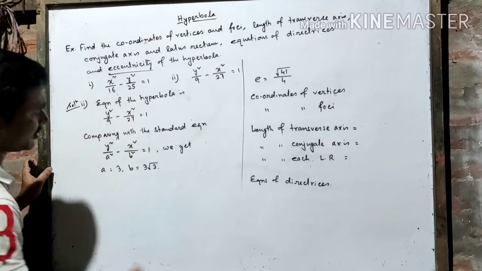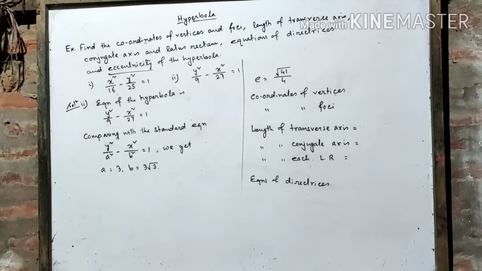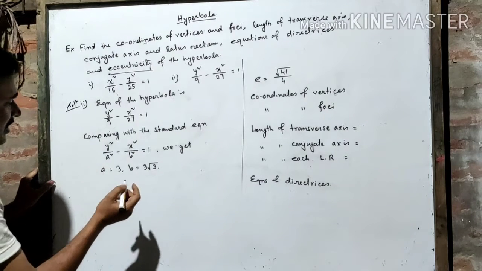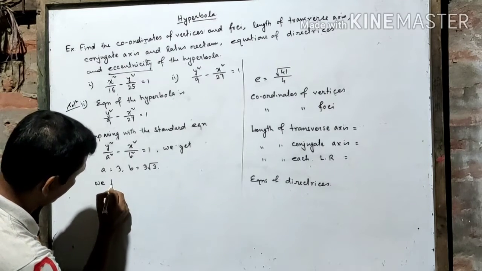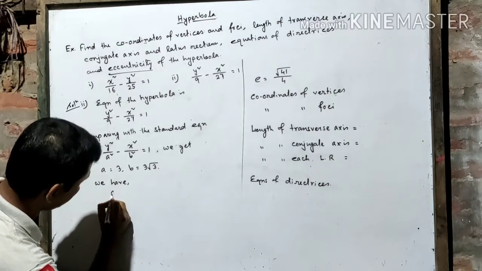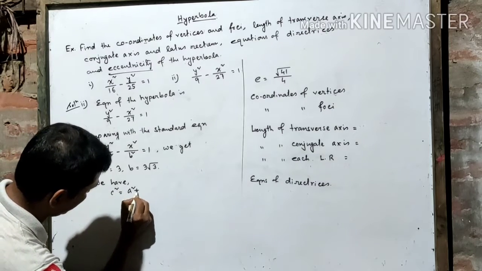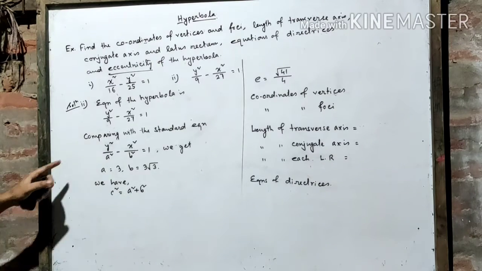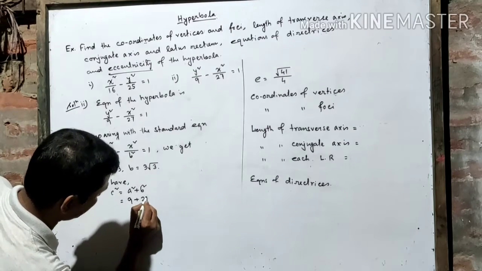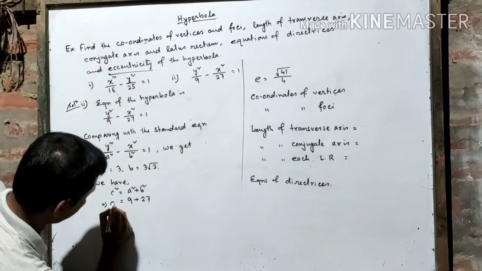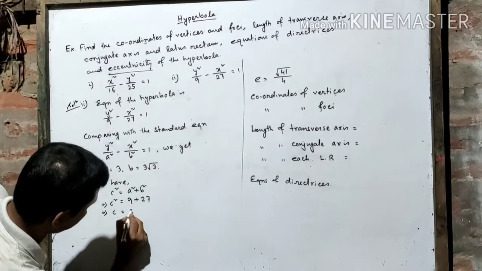Root 27 means 3 root 3. Okay. First of all, let us find e. We have c square is equal to a square plus b square. So what is a square? a square is 9. So c square is equal to 9 plus 27, which implies c is equal to 6.